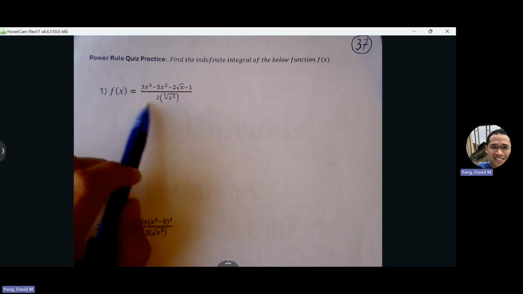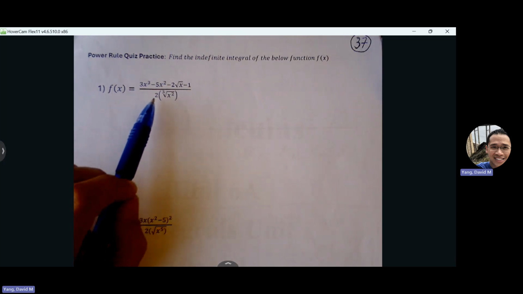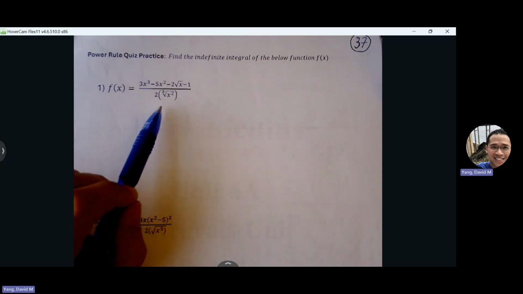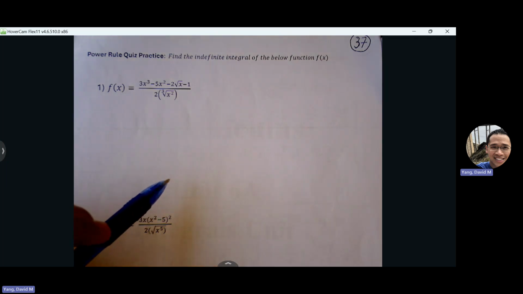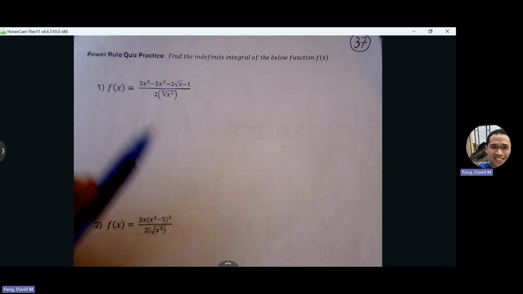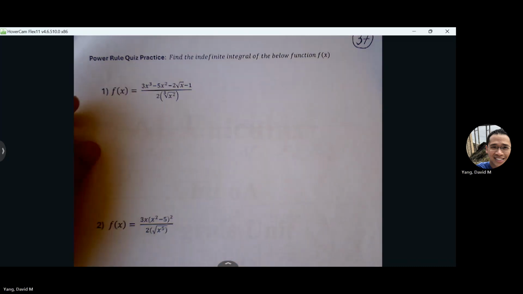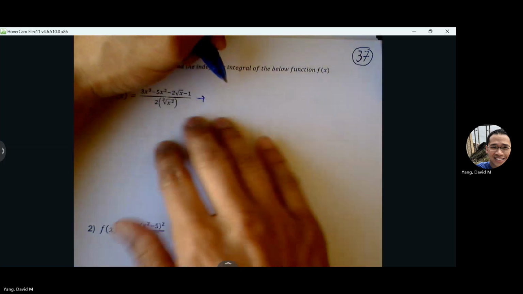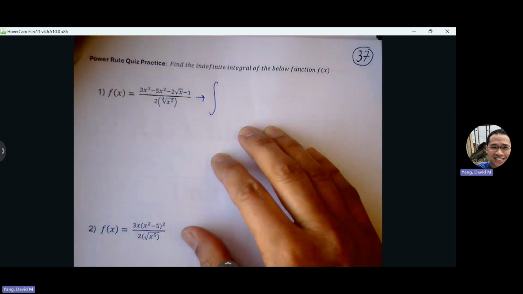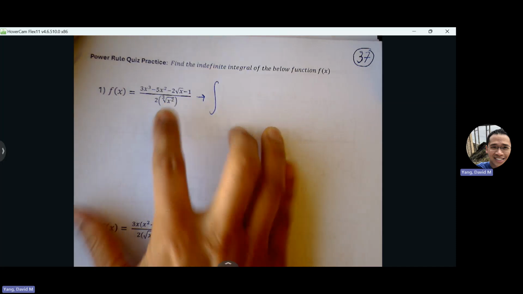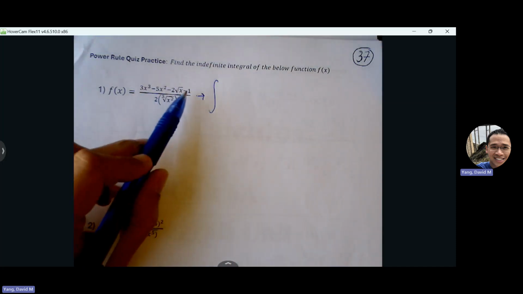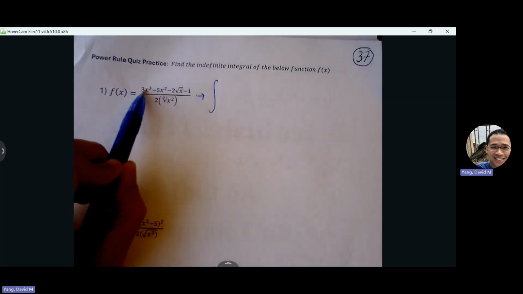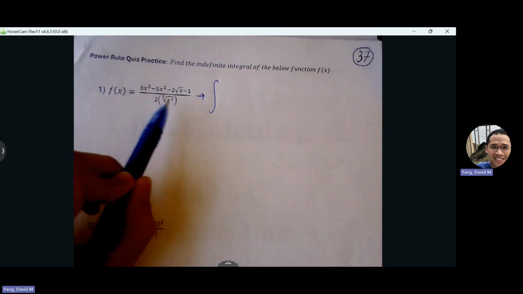So remember, there are three conditions for power rule. No radical in the denominator, no variable in the denominator, and no parentheses. So I'm going to put integral notation around it, and then along the way, I'm going to start splitting up, because my numerator is already mostly ready to go, but I do have to start splitting up into individual fractions here.